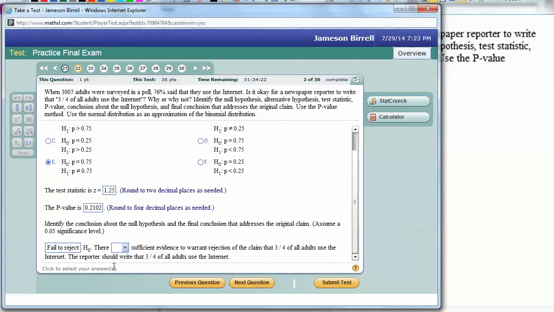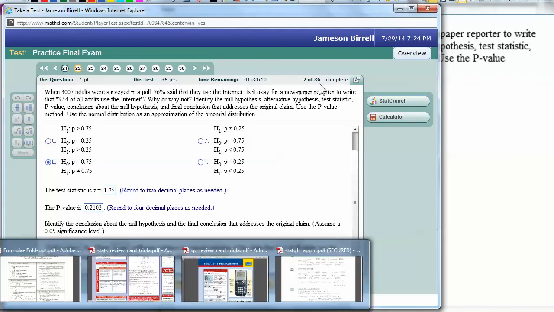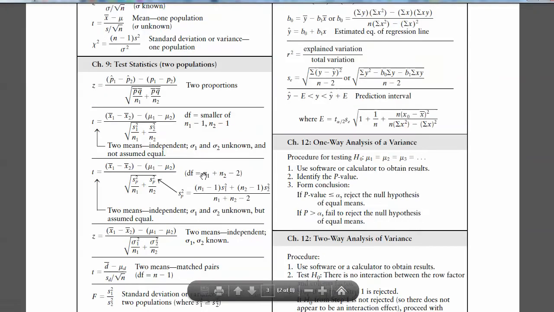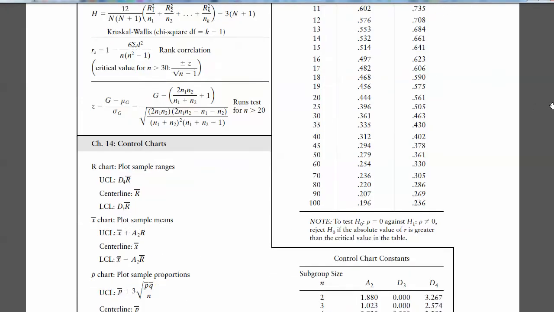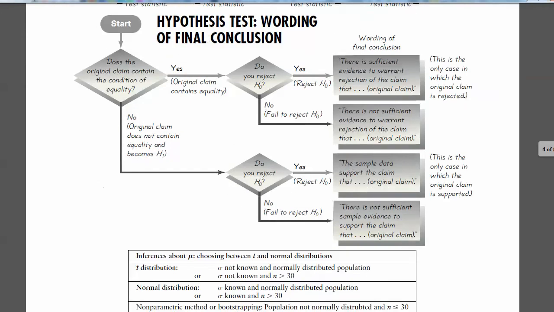And then it just depended on whether or not the null was the claim or wasn't. Since the null was the claim, there is not sufficient evidence to reject it. And that is not the same as saying that we just supported this newspaper writer's claim. We didn't support it. In fact, really careful thing we have to do here. Read up here.